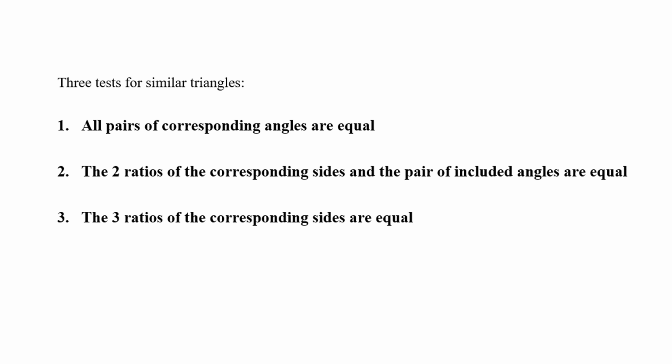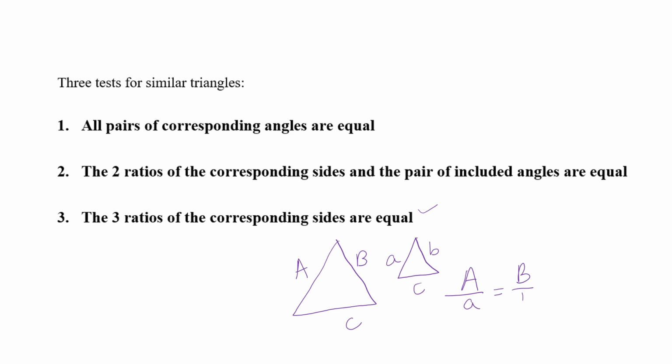Sometimes you have to test it based on the ratios of the corresponding sides being equal, meaning if I label the sides as ABC, and the corresponding sides as lowercase abc, then big A over small a equals big B over small b equals big C over small c.